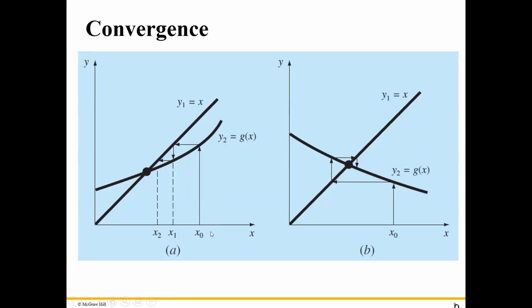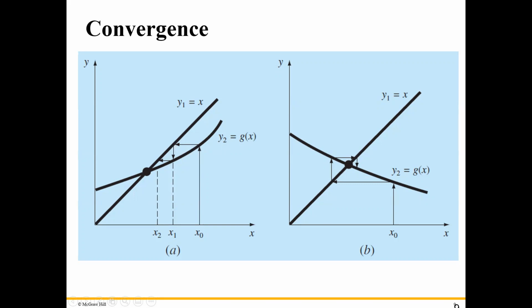But we are starting from x0. From x0 we can calculate the value of y2. By the formulation, this will be the same value as for y is equal to x. So from here we will move to this point.